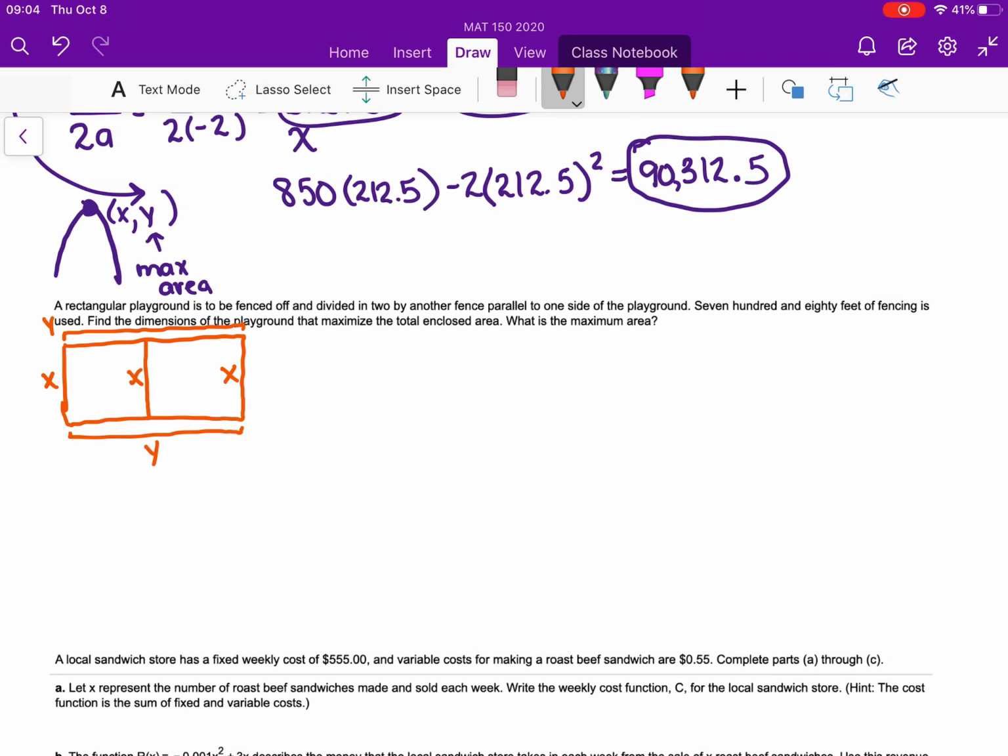So in this example, that means that my perimeter is going to equal 3x plus 2y. And I know that my perimeter is 780 feet. I also know that area is going to equal x times y.